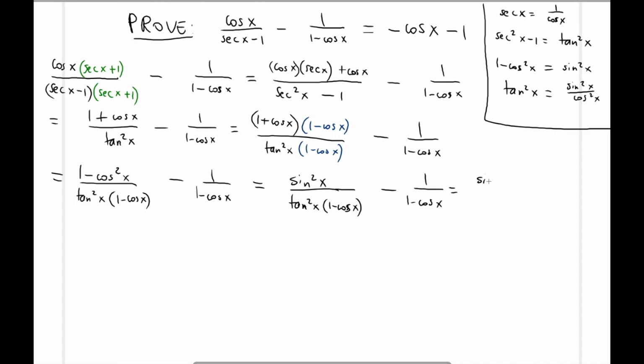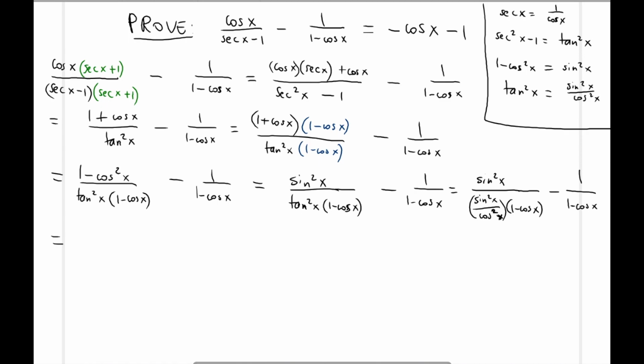So basically what happens is we get sine squared x divided by the quotient that we replace the tan squared x with, right? The quotient times 1 minus cosine x. And then copying this down, the second fraction, we're not touching it. All right, so now what are we going to have?